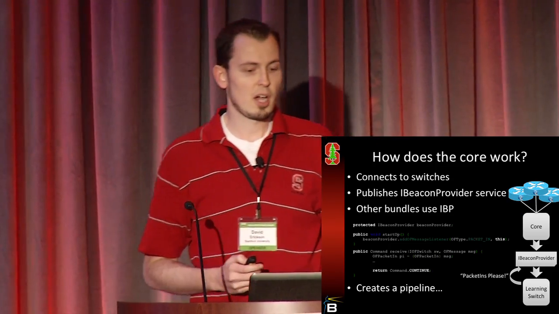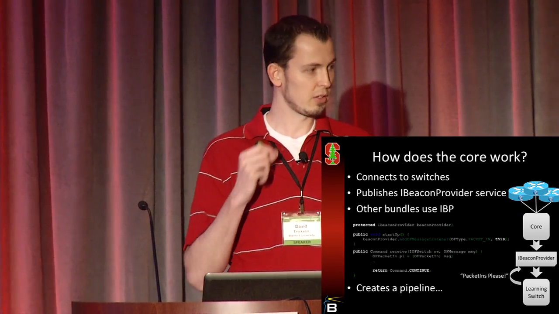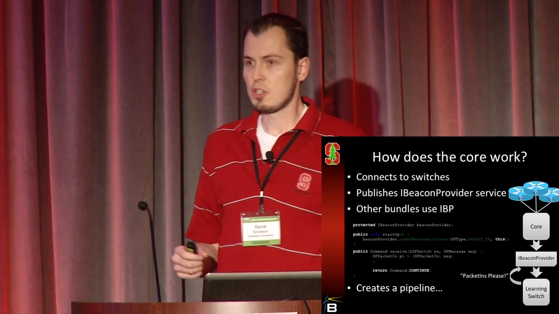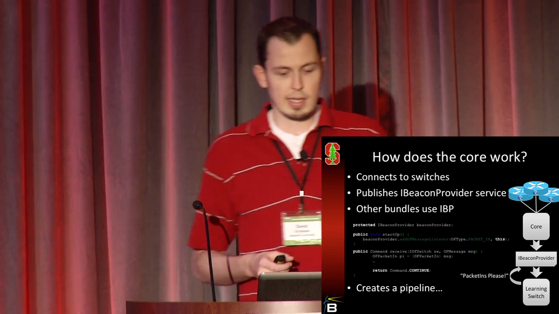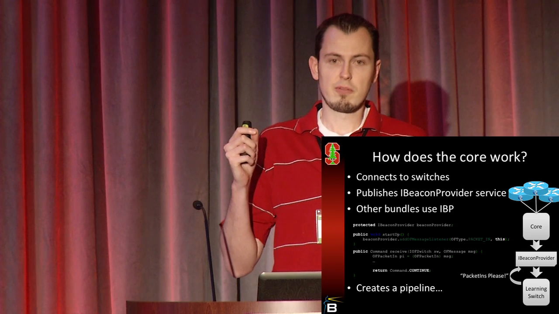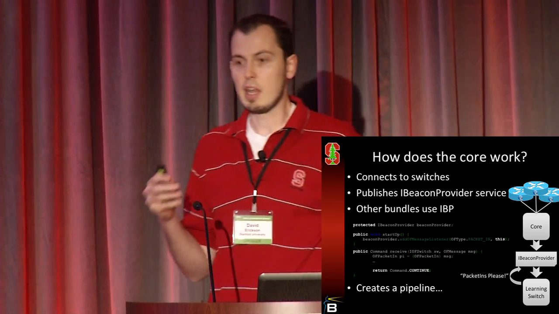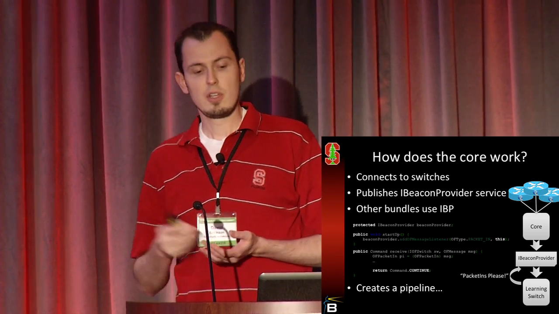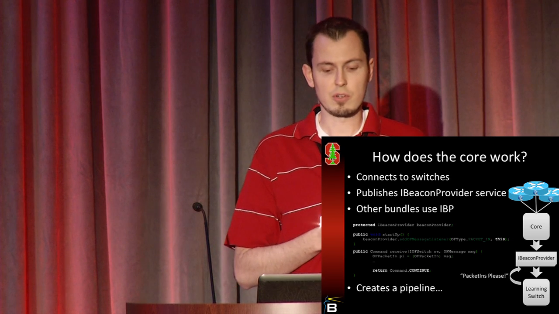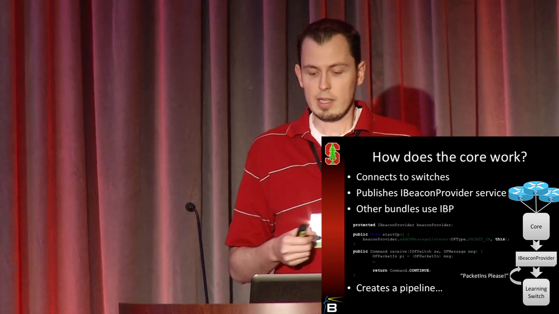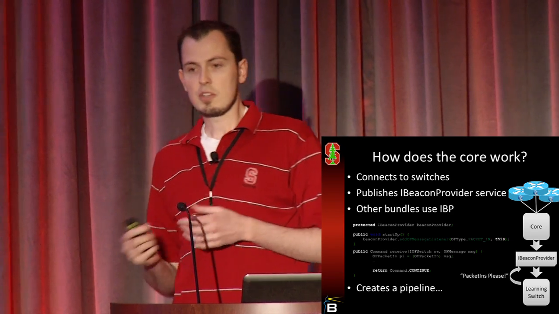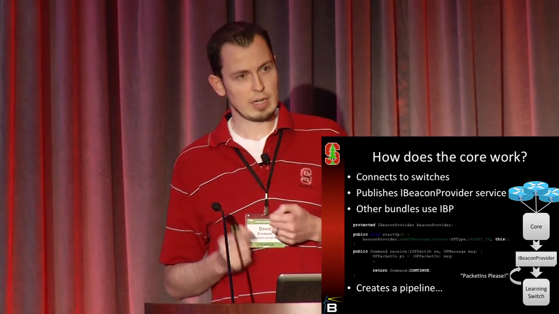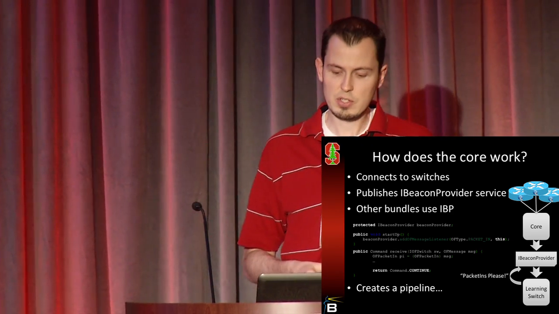So the core bundle's job is connecting directly to the switches, managing the byte to OpenFlow message conversion, and it's also responsible for enabling an interface for other bundles to receive packets through the controller. So it exports this service called iBeaconProvider, and applications come along and can use that to register and ask for particular OpenFlow message types.